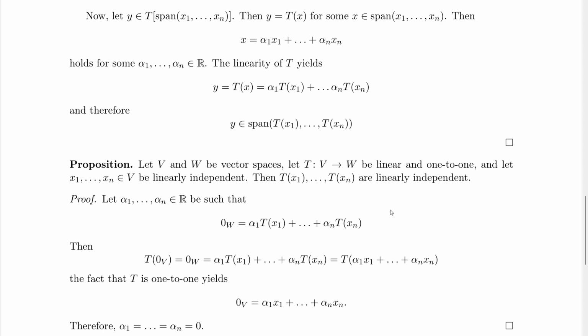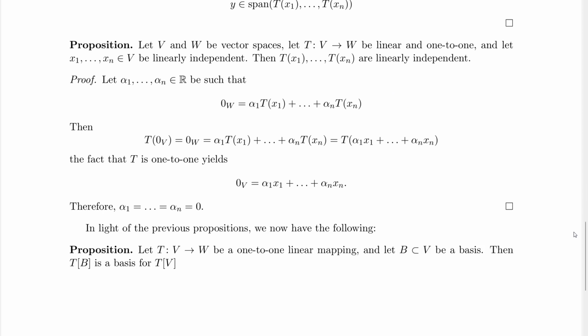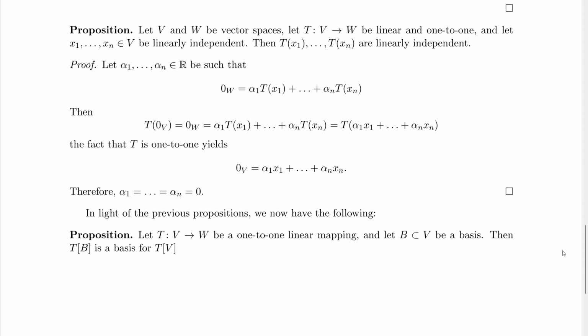All right, and let's cap today off by noting that, equipped with the previous propositions, we now know that if I have a one-to-one linear mapping and a basis for V, then the image of my basis will be a basis for the range, right? We know that a spanning set will carry over accordingly, and now we know under the assumption of one-to-one, linear independence carries over. So if I have a basis in my domain and a one-to-one linear mapping, I will have a basis in my range.